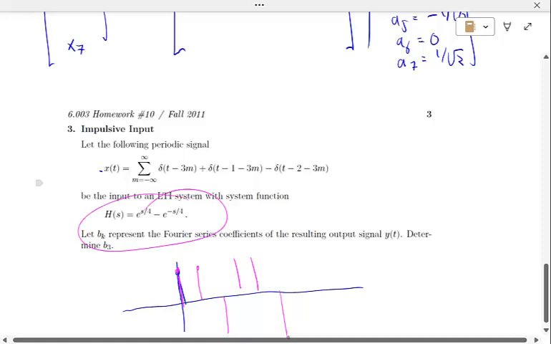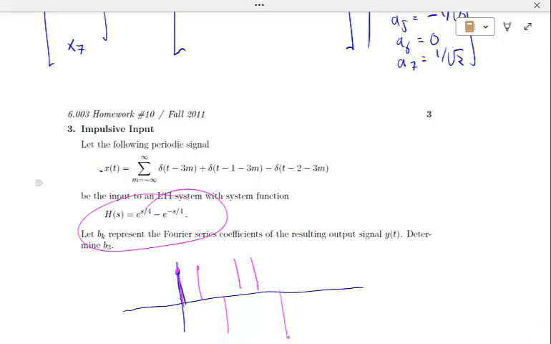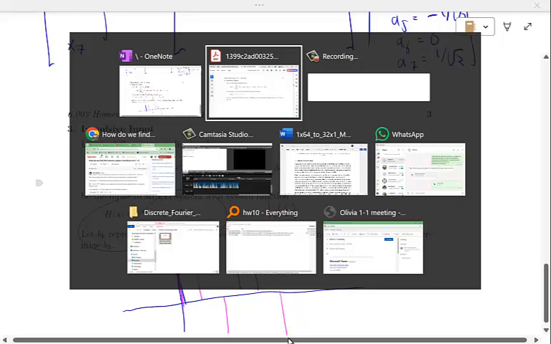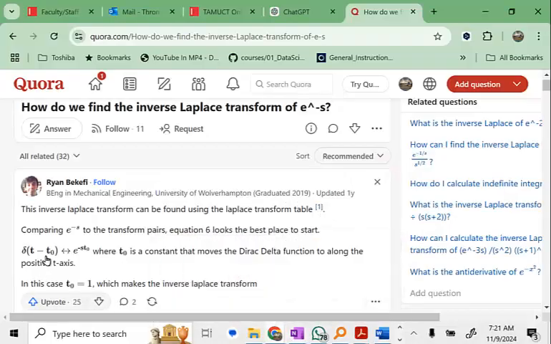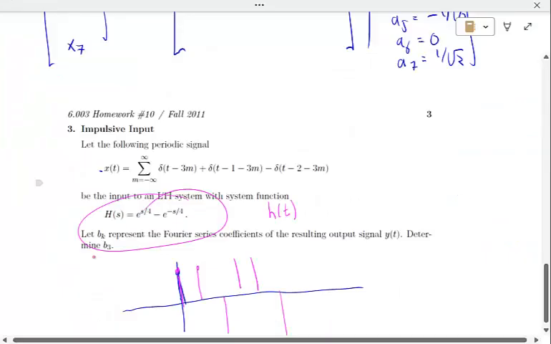But you're passing it through this. So what does this do? Well, we should figure out what h of t is. And if you look up the Laplace transform of e to the s over 4, I looked online, and you can also go to a table. It says that delta of t minus t0 goes to e to the minus s t0. So what I have is e to the minus s pi over 4.